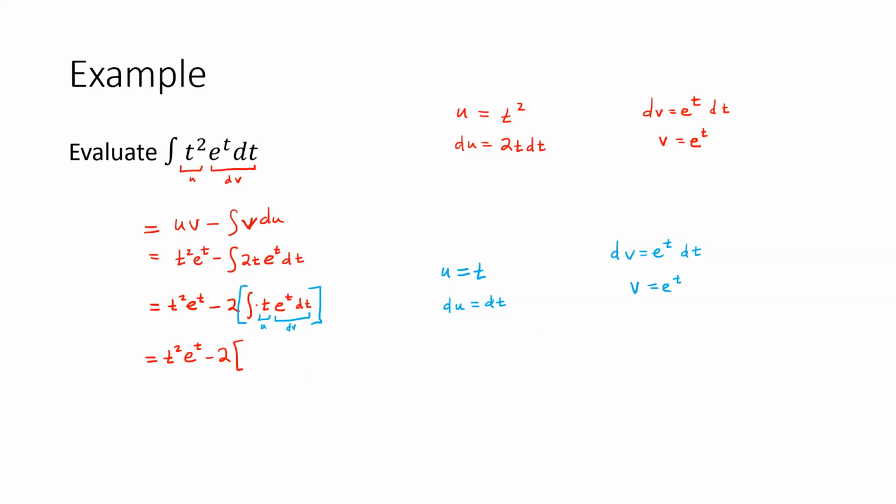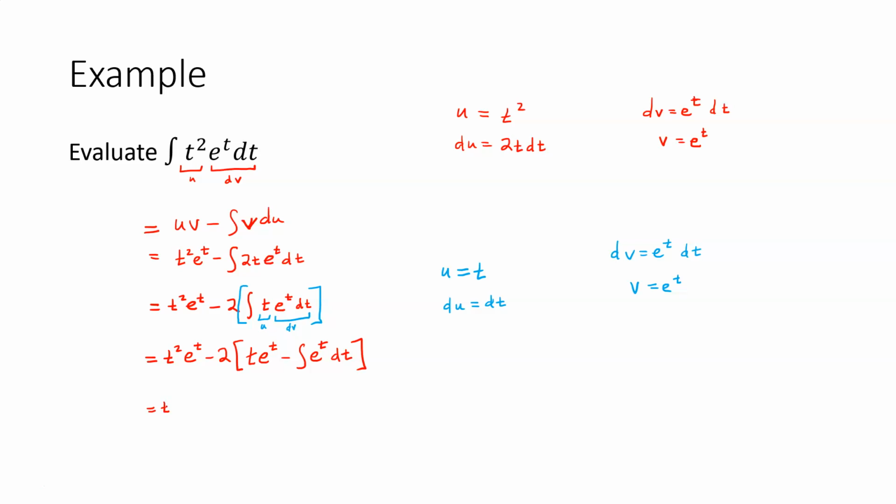So applying the parts formula just to that integral there, u times v will be t e to the t minus the integral of v times du, which will be e to the t dt. So we finally see that the integral that we wind up with here, we can now evaluate very easily.